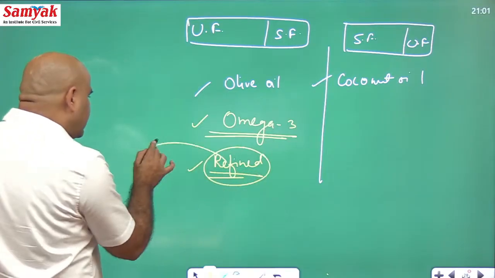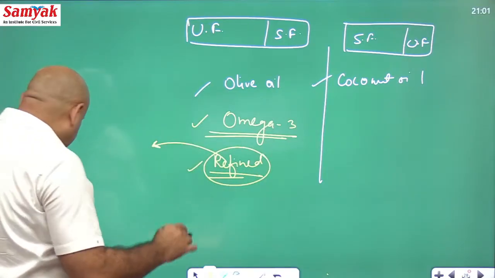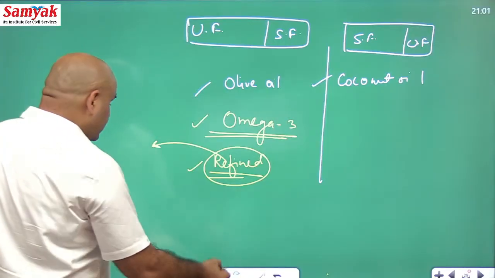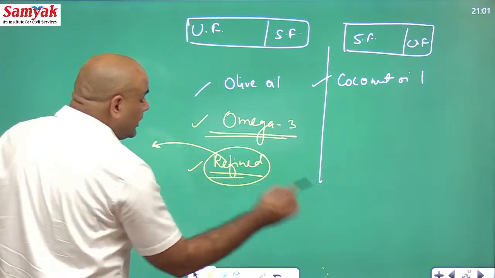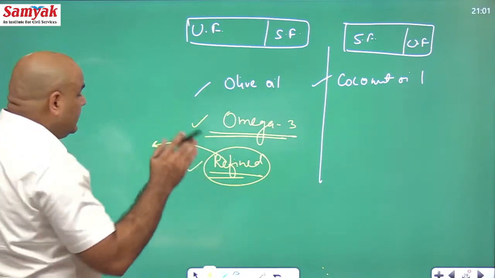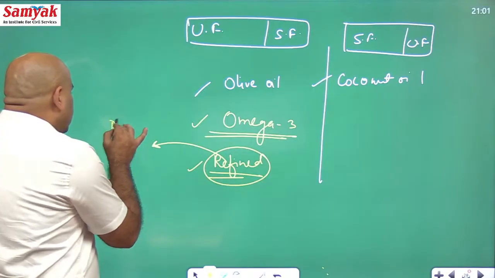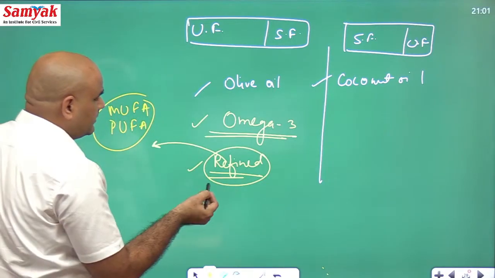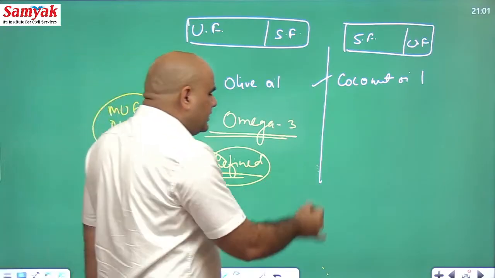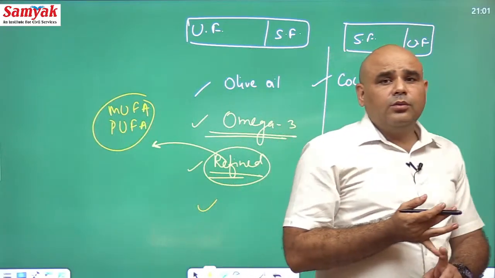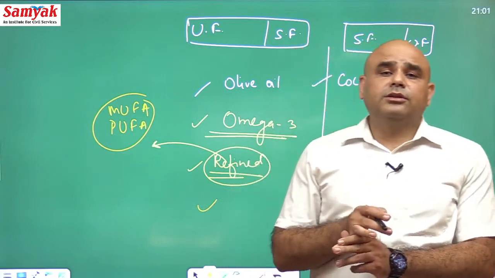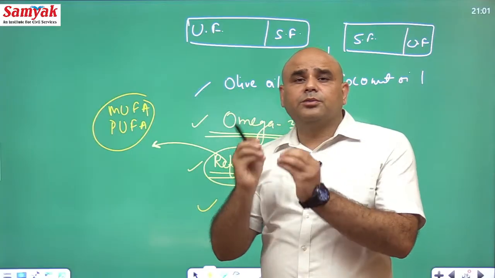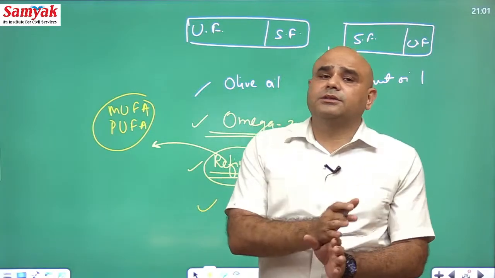So, refined oils, if they are refined with good intentions, I'm using this if, and they are prepared with quite scientific technologies, then they will contain PUFA and MUFAs. That's why they are good. Then they are going to ask you many other examples. For example, ghee. Why is it considered good for your health? Your answer should be the same. Because of good amount of omega, or because of good amount of unsaturated fatty acids.